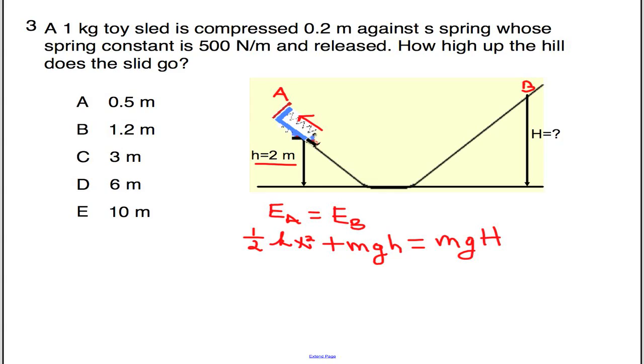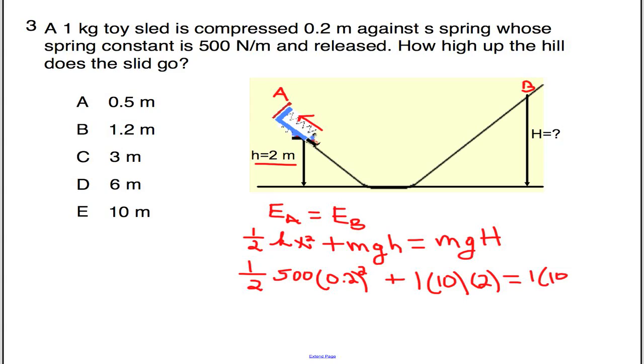And our mission, of course, is to find what that capital H is. So basically, if you place in all the values for k, 500, for x, 0.2, squared, that's 1/2 kx squared, plus mg, this is 1, that's g, 10, times the initial height, which is 2, equals 1 times 10 times H. So at this point, it's pretty simple algebra.